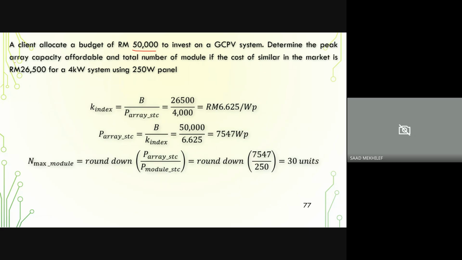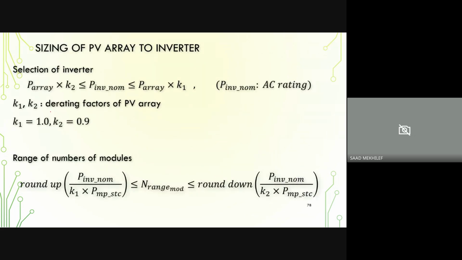To determine the peak array capacity affordable and the total number of modules, the cost of a similar system in the market is around 26,000 for 4 kilowatt, using 250 watt panels. So you calculate and find the number of panels is around 30 panels that you need to install to get this system.